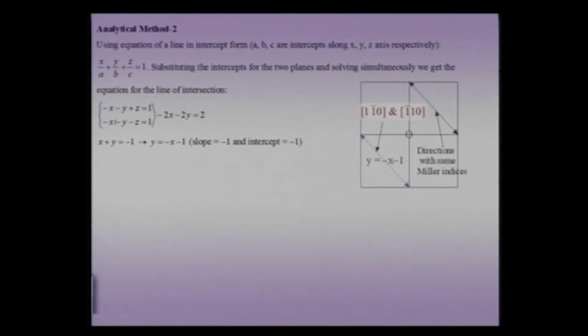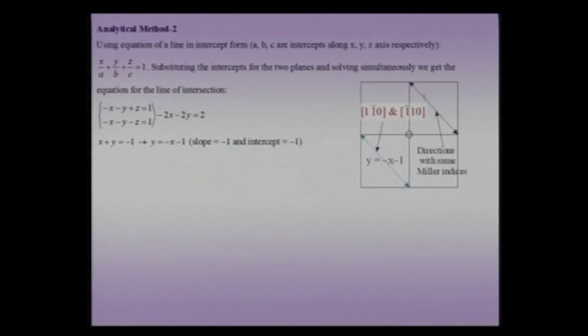Now of course I have taken the negatives of those, and I can get a solution of the common equation, which is minus 2x minus 2y equal to 2, which, writing in a different form, is x plus y equal to minus 1, and even further, y equal to minus x minus 1, which is in the typical form y equal to mx plus c, which means that my slope is minus 1 and my intercept is minus 1.